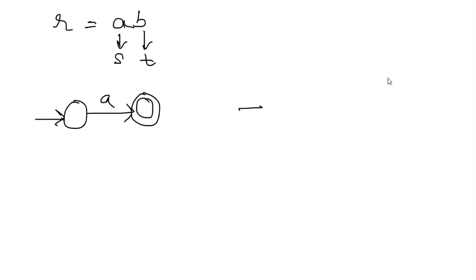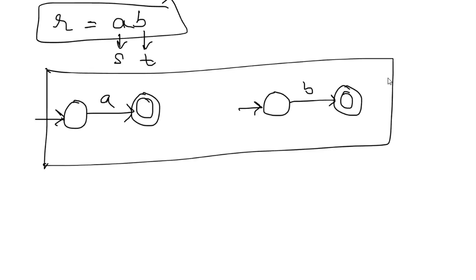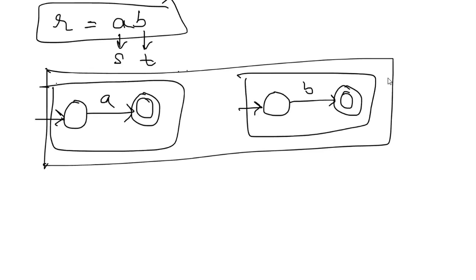For B, I have a start state, label B, and a final state. So for R, which is A followed by B, this is for S and this is for T. The final state of S will be connected with the start state of T, and the label would be epsilon. So this is for A followed by B.